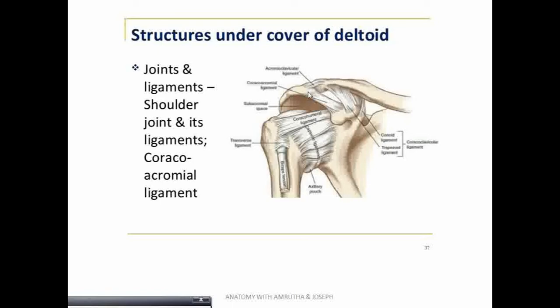And there are some joints and ligaments which are related under the deltoid. The shoulder joint is a joint between the scapula and the humerus, and its ligaments like the coracoacromial ligament. Coracoacromial ligament is bridging the coracoid process to the acromion.